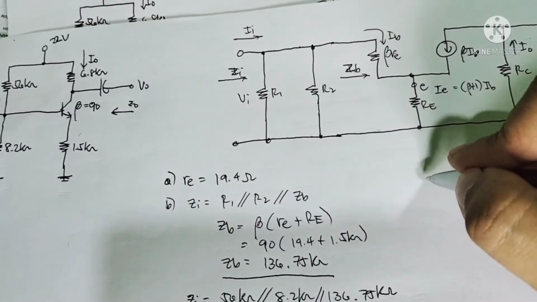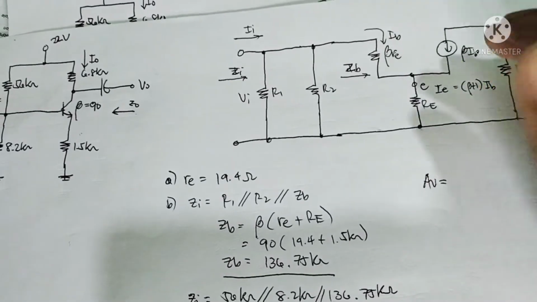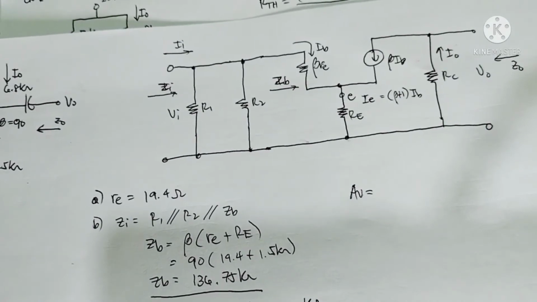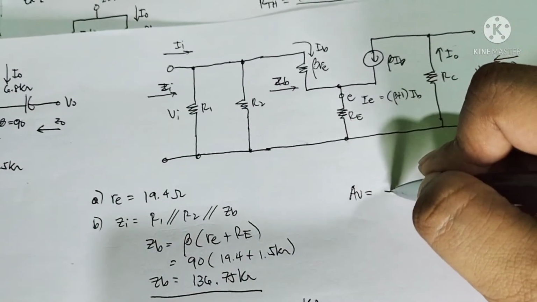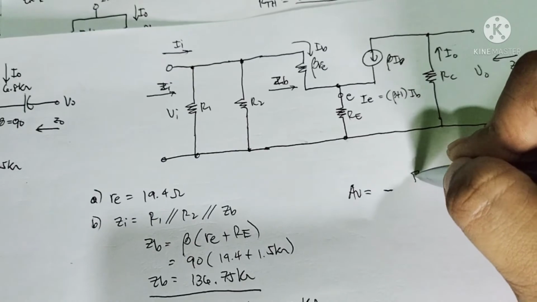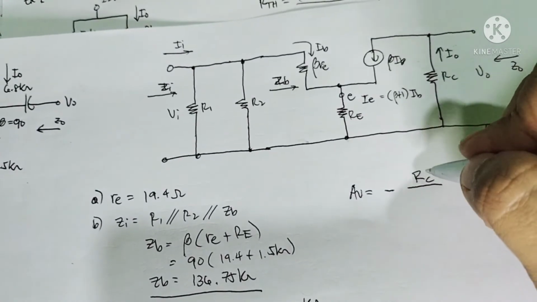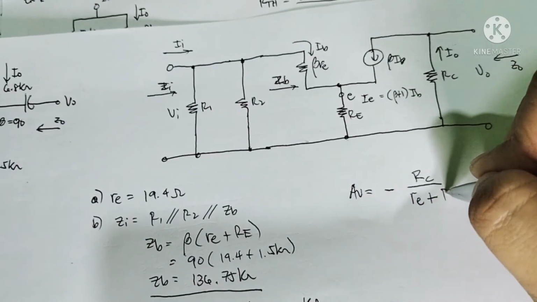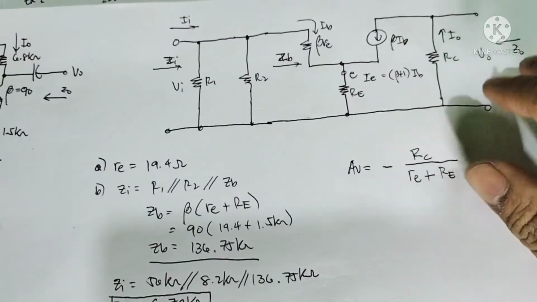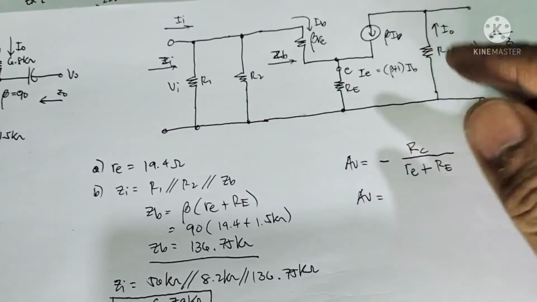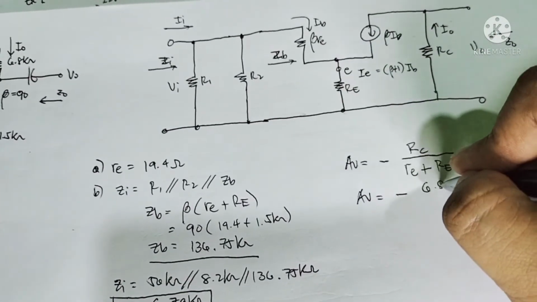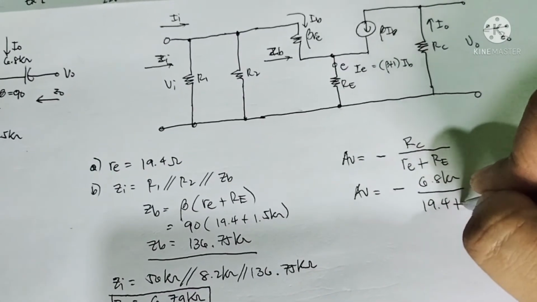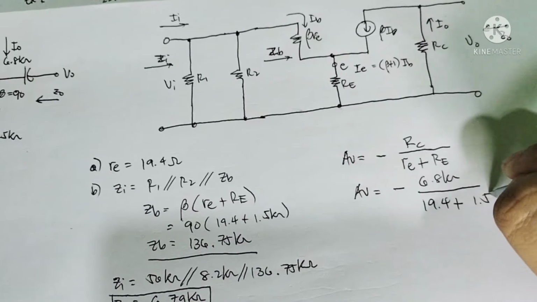And then for the voltage gain, in our previous topic, the emitter bias configuration, we have the same formula: negative RC divided by small r sub e plus the capital R sub E. So this will be negative 6.8 kiloohms divided by 19.4 plus 1.5 kiloohms.